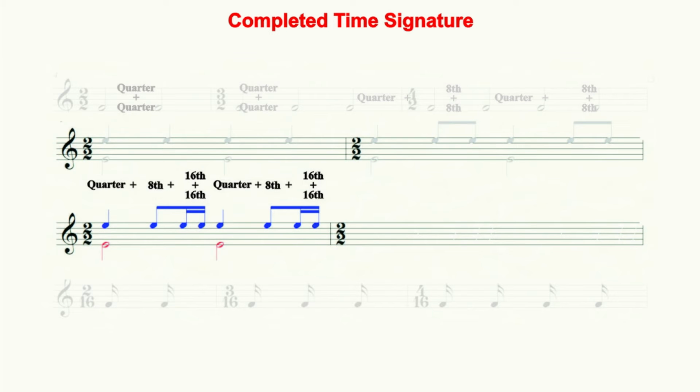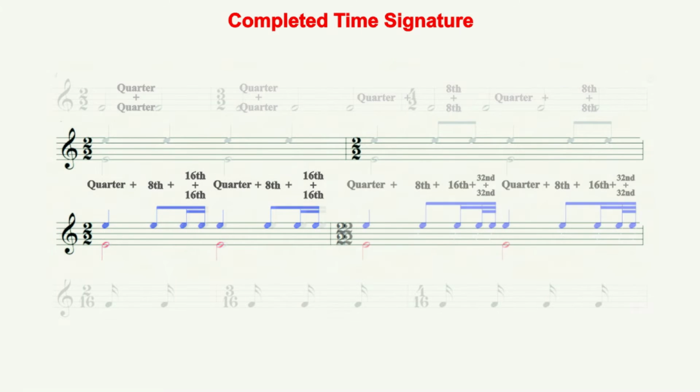A division of 1/4 plus 1/8 plus 2/16 is equal to 1/2. A division of 1/4 plus 1/8 plus 1/16 plus 2/32 is equal to 1/2.